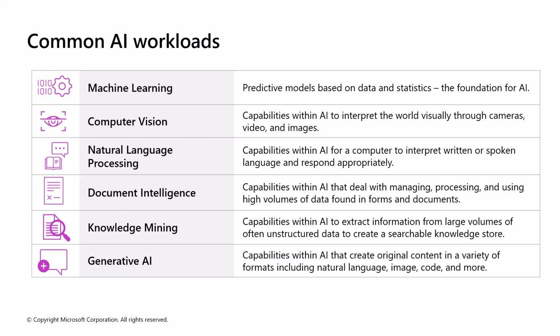For computer vision models and their capabilities, most computer vision solutions are based on machine learning models, as we stated earlier, since they are foundations of AI, and they can be applied to visual input from cameras, videos, even images.